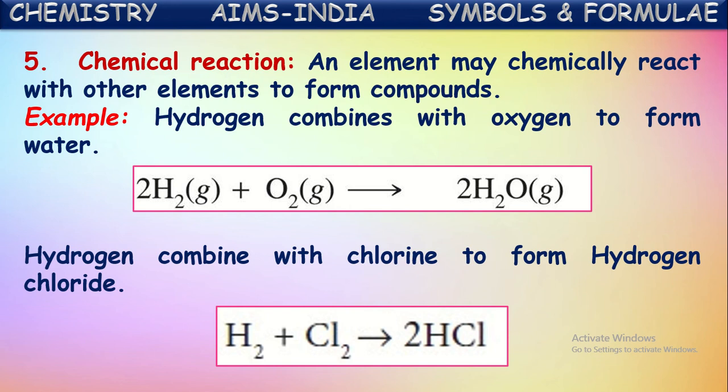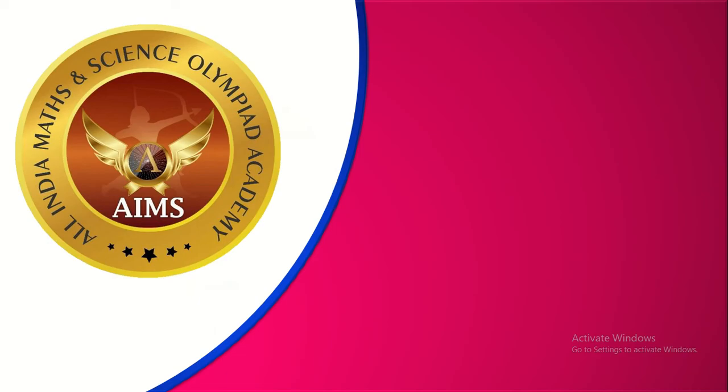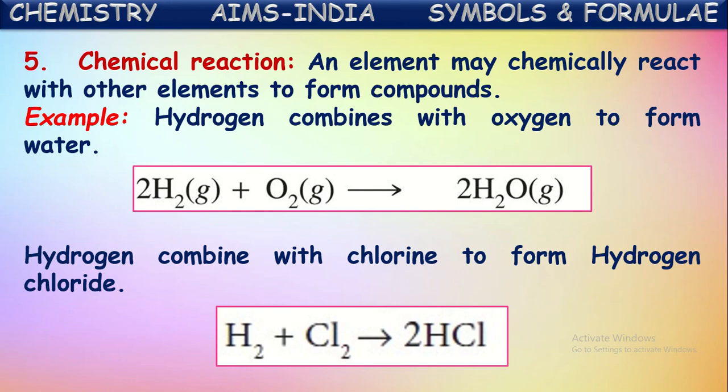Each and every element has its own symbol. No two elements have the same symbol. Do we know the scientist who proposed these symbols which we are following now? Who was that? Berzelius. Before Berzelius, some other scientists also tried to give symbols for the elements, but they failed.